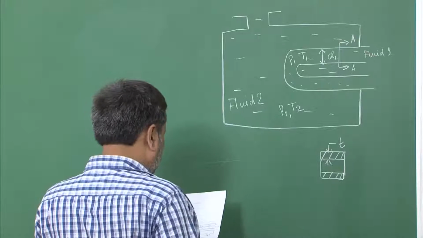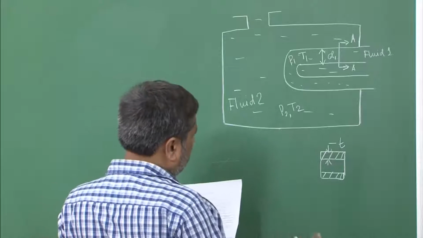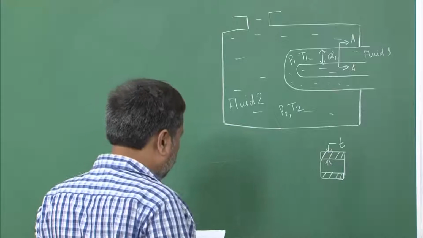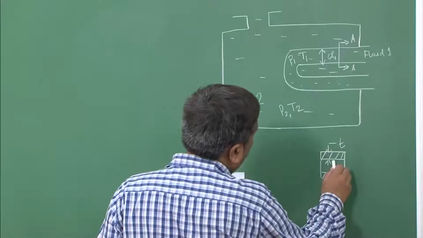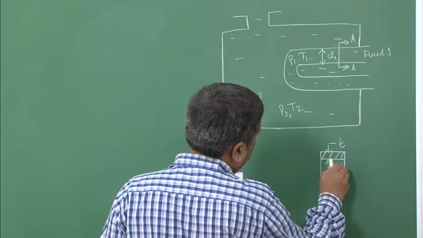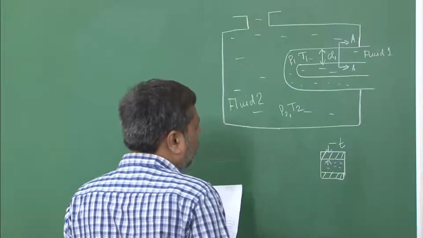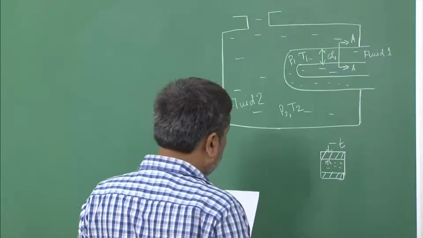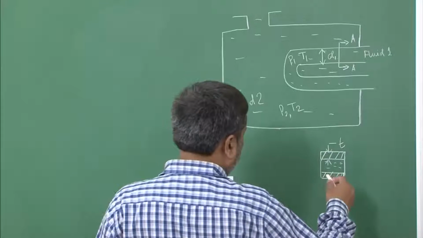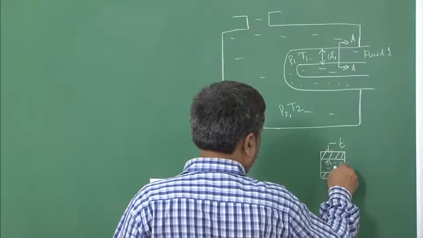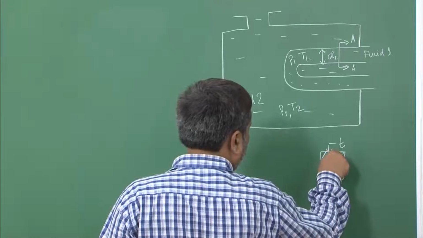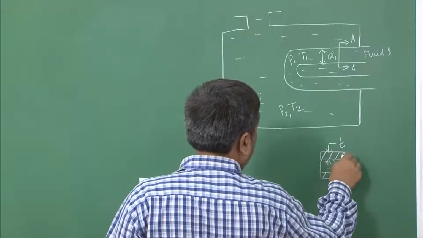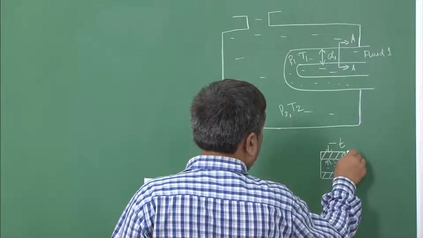Now, there are three things that we will be basically analyzing. One is that there is a fluid 1 inside here. The first thing is the heat that is getting convected from this fluid 1 to this solid, then it is conducted.